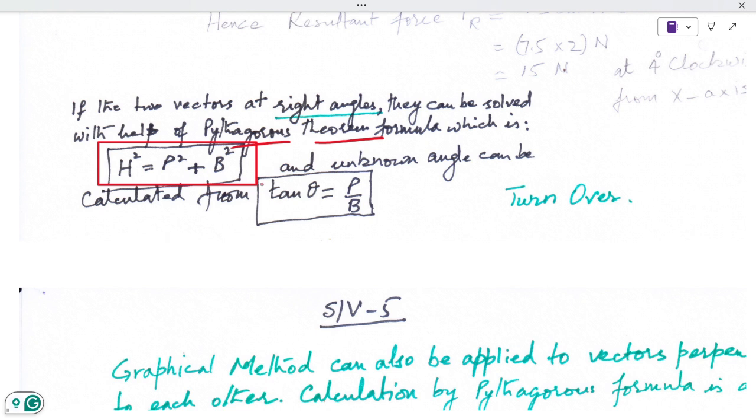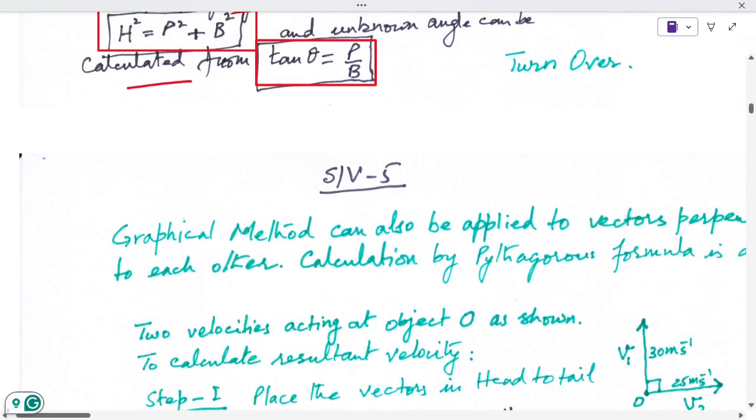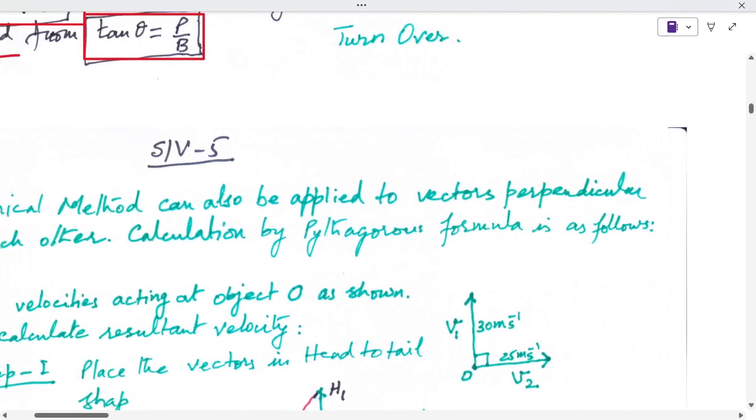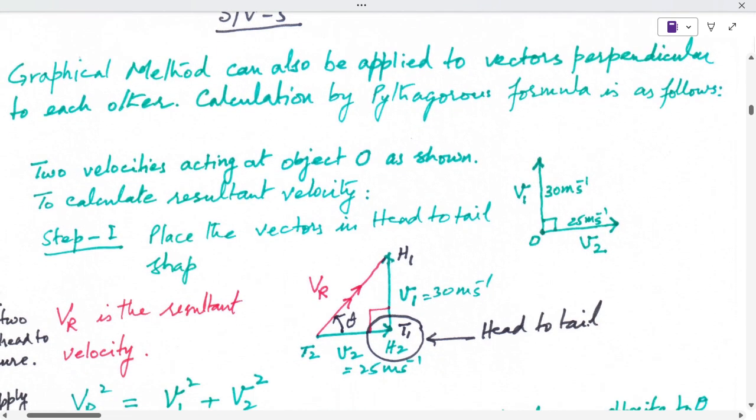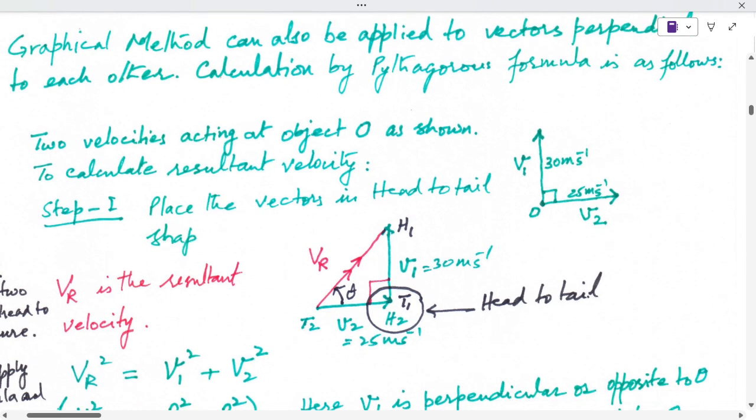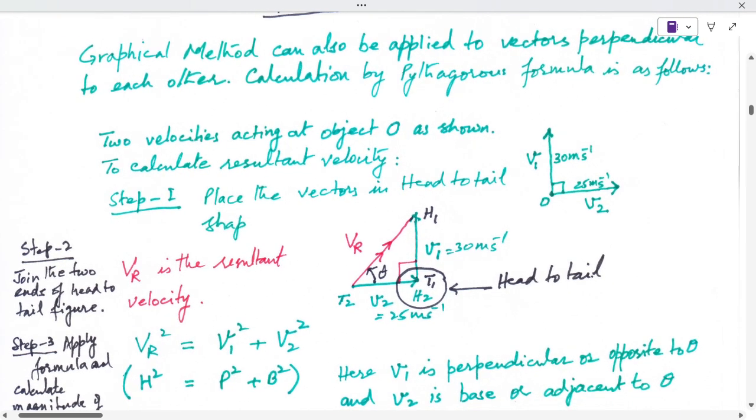And the direction of the resultant can be found out from the formula tangent theta is equal to perpendicular over base. The graphical method can also be applied to finding out the resultant vector of two vectors at 90 degrees to each other, which I will do after having done the Pythagoras theorem method.